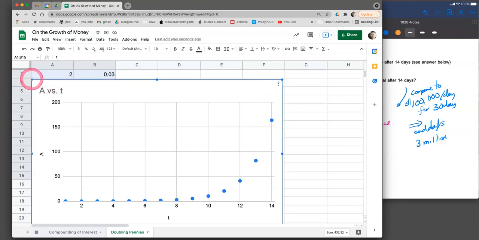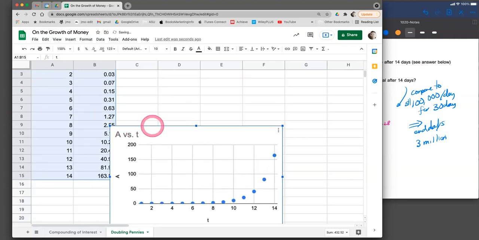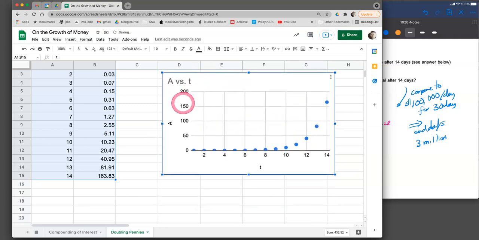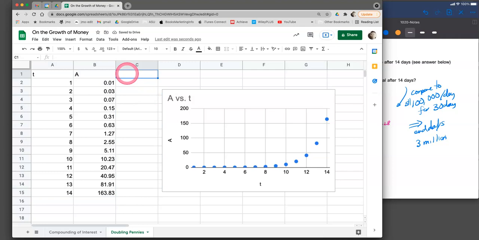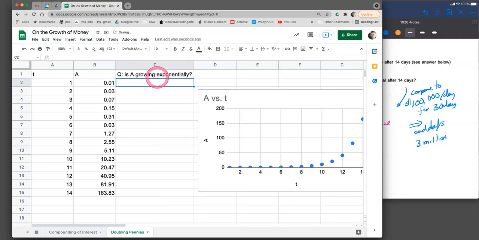Now remember, there was an actual test for whether or not the amount of money was growing exponentially. So the question we have to ask ourselves is, is the amount of money growing exponentially? How do we answer that question? We run the test for whether or not a function is exponential.